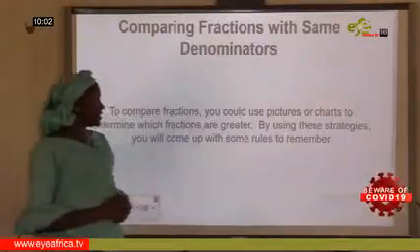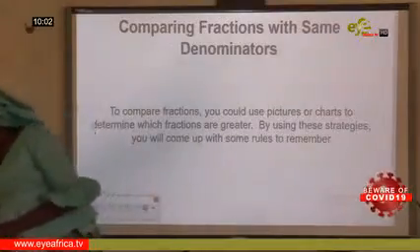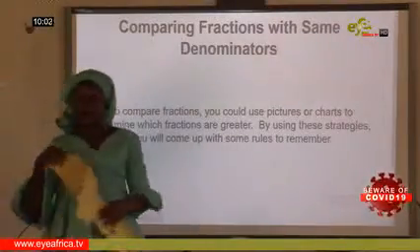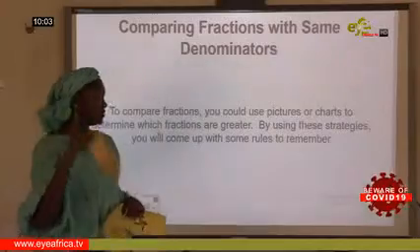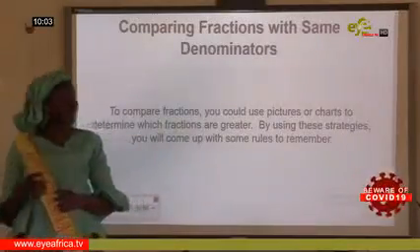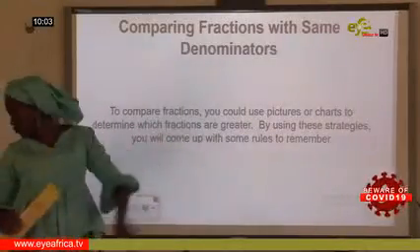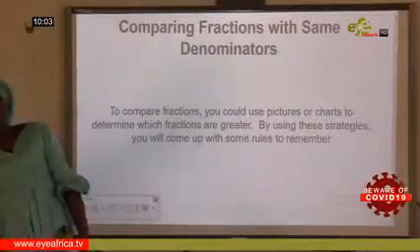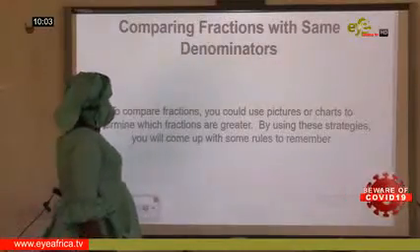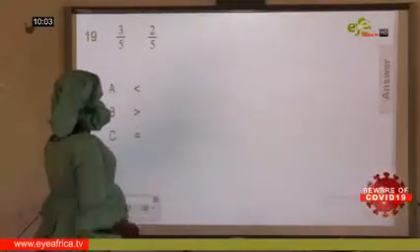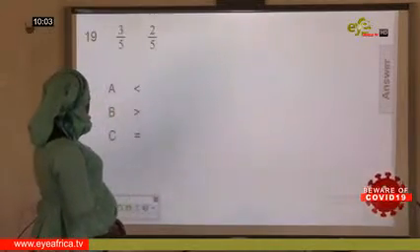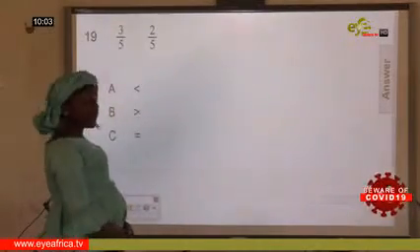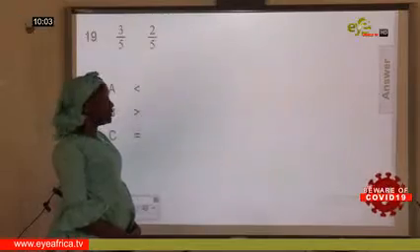Those pictures and charts are, for example, these ones, where I will be drawing circles to show which fraction is this. Three fifths and 2/5.